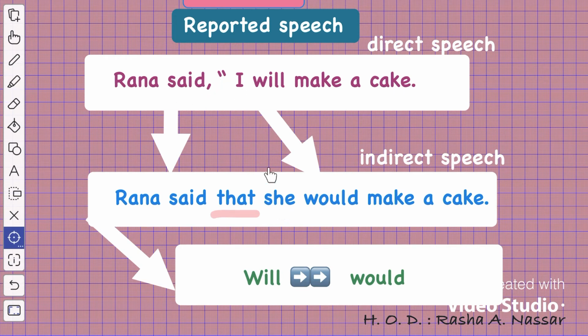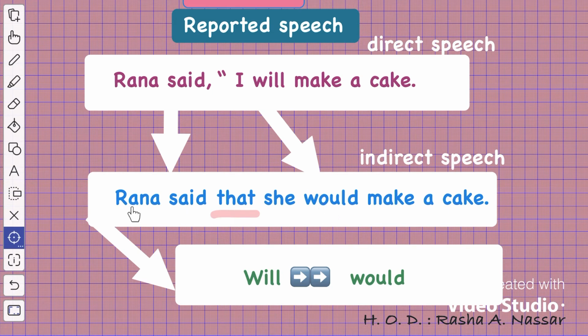And then if I see will, I will change it into would. Why? Because this is one sentence. And of course I have here Rana said. So I cannot say Rana said that she will. So how can I write said and then will?